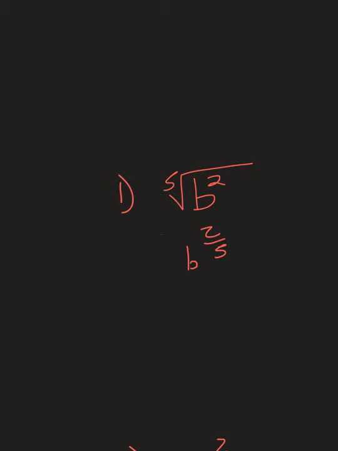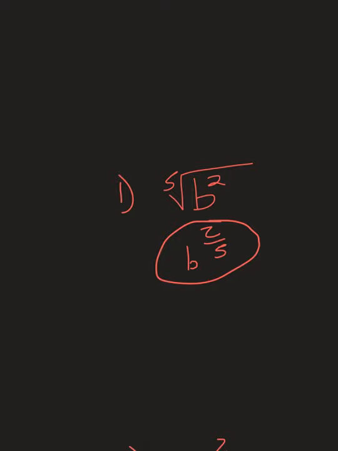And then we're taking the 5th root of it, and we know that the roots go in the denominator. So this is just going to simplify to b to the 2/5. That is our answer for number 1. Number 1's pretty simple, and this is very similar to your first round of Khan Academy exercises. This is really just to get us going and to get us in the math mind.